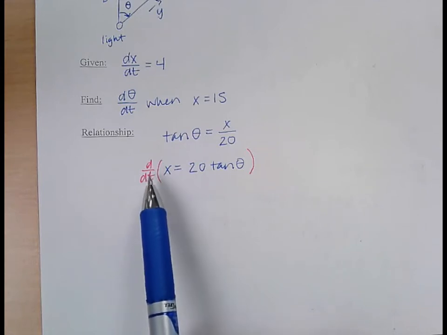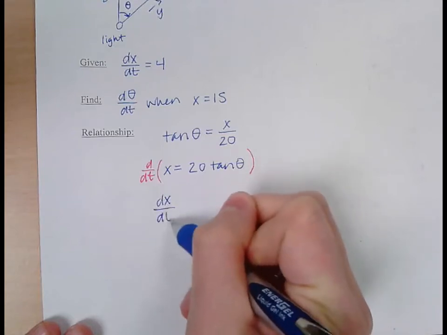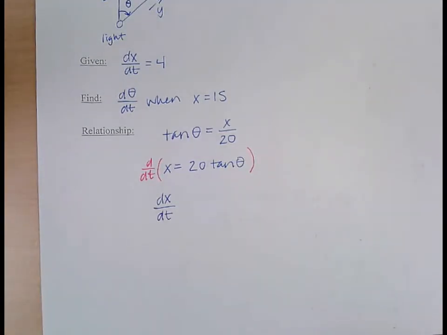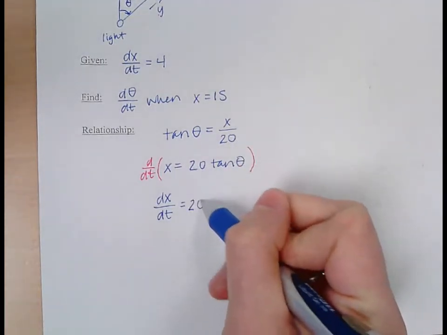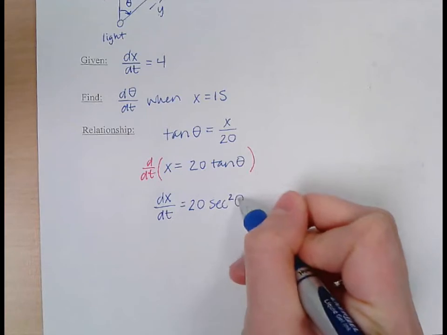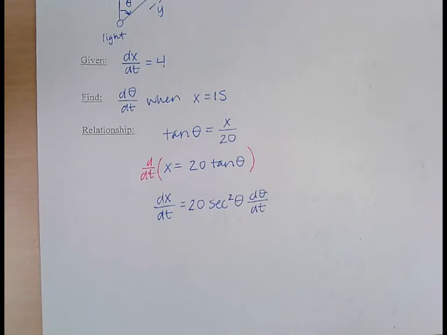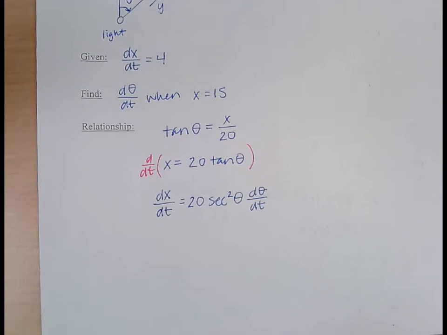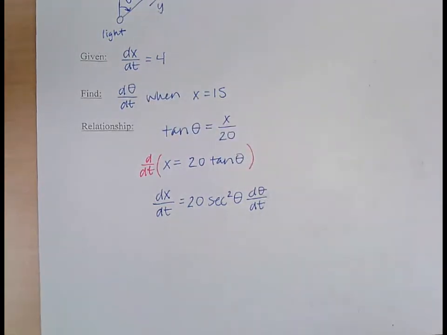The derivative of x is dx/dt, or 1 times dx/dt, equals, the 20 is a coefficient so it stays, the derivative of tangent of theta, secant squared theta times d theta/dt. That's the derivative. You should be able to plug in something for everything except, in this case, d theta/dt.